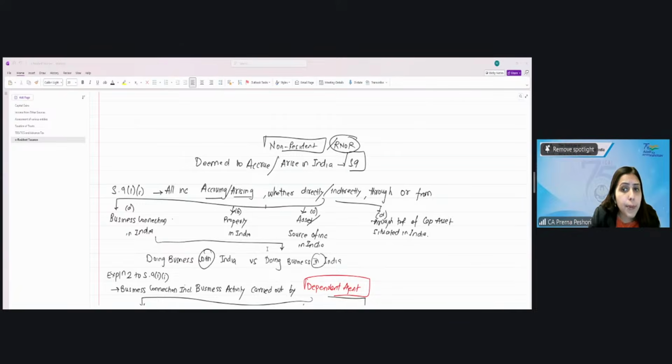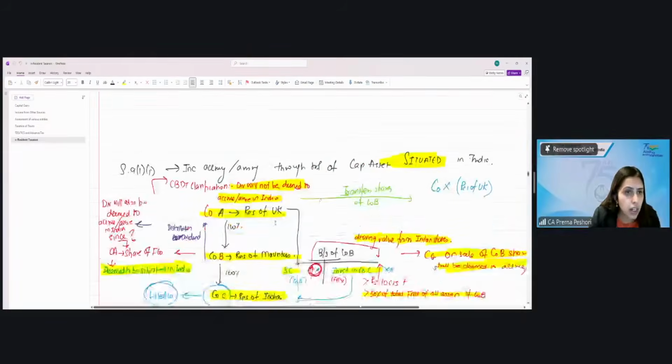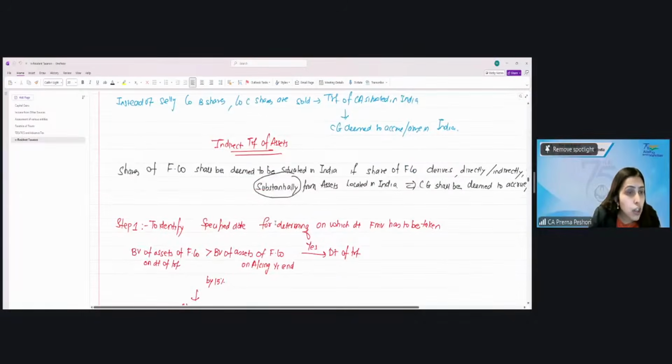Now, a capital asset situated in India shall include shares of a foreign company if it derives its value directly or indirectly substantially from the assets located in India.